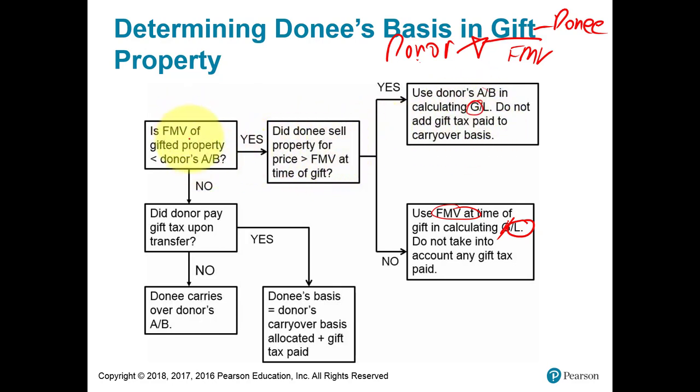Okay, it went down in value here and went up in value here, and here's the gain the donee is going to report. Now there's a situation where the sales price is going to fall in between the reduced value here compared to the adjusted basis of the donor. In that situation, there is no gain or loss to the donee.